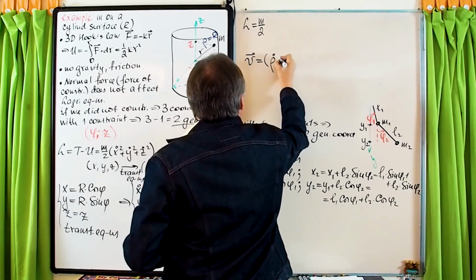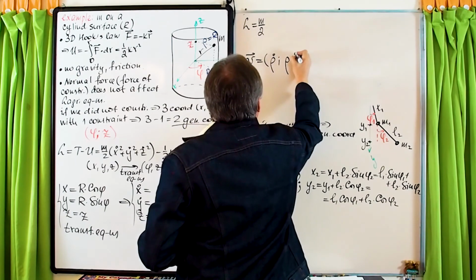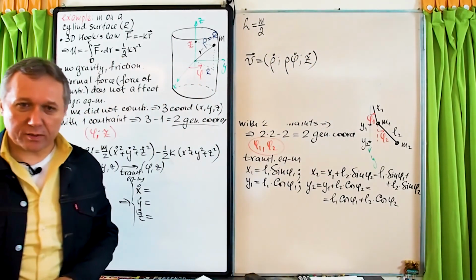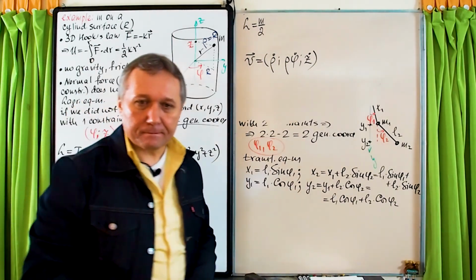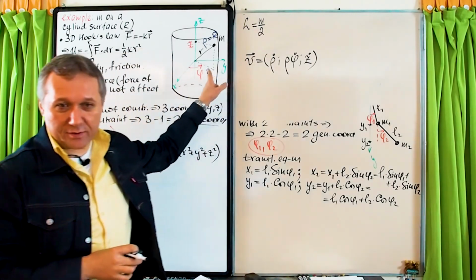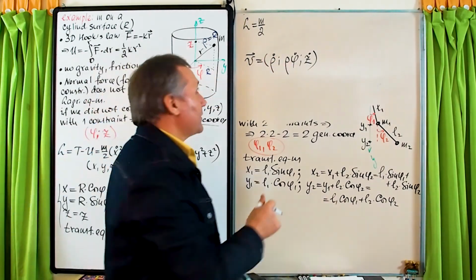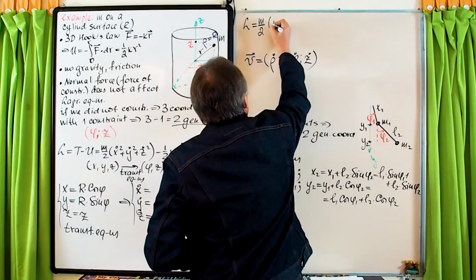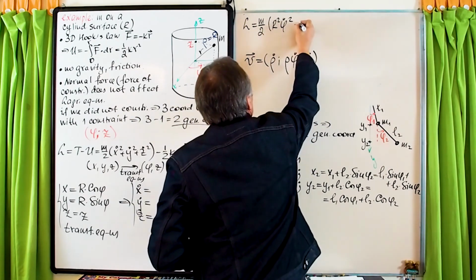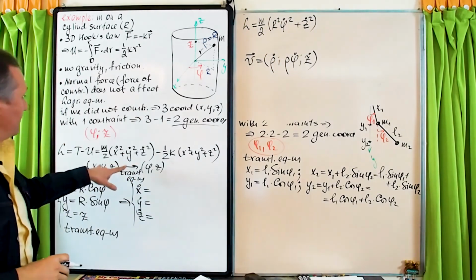You remember it's rho dot, rho phi dot, and z dot. In our case, rho is constant, so rho dot is 0, and rho equals capital R. So it will be R squared phi dot squared plus z dot squared. So that's the kinetic energy.